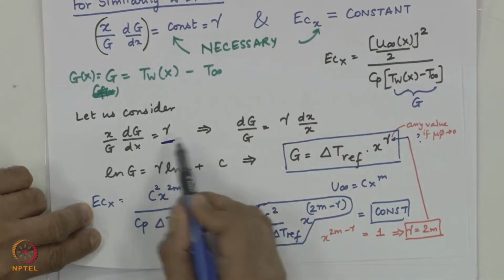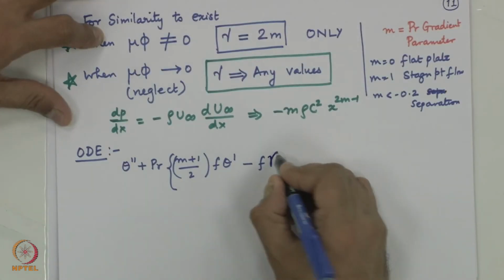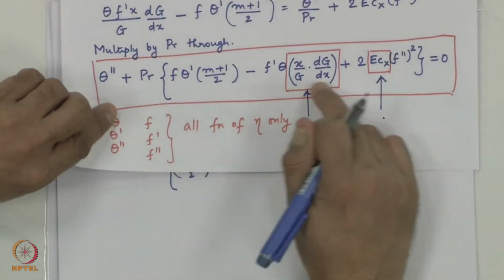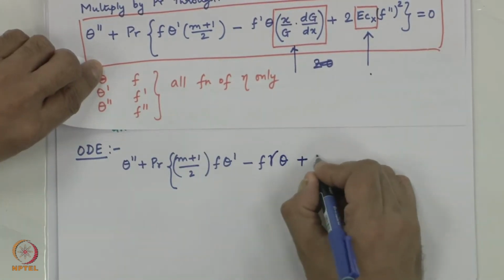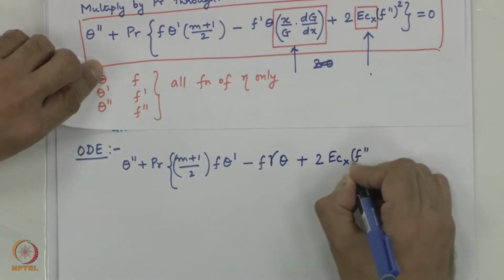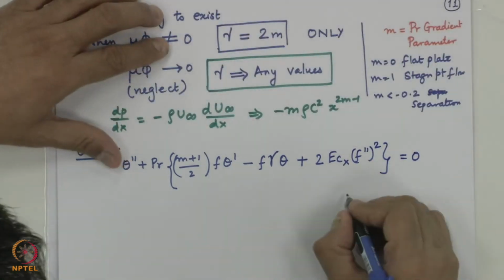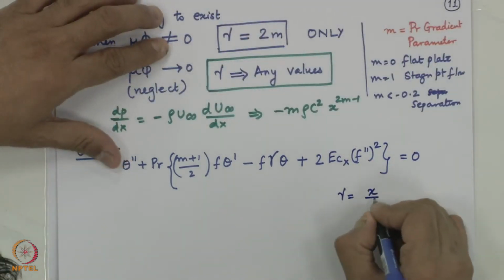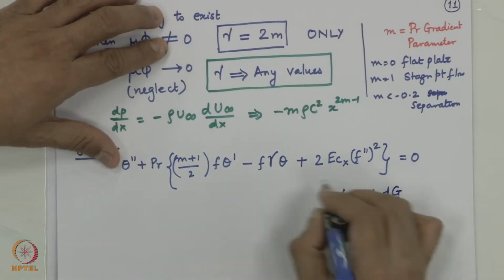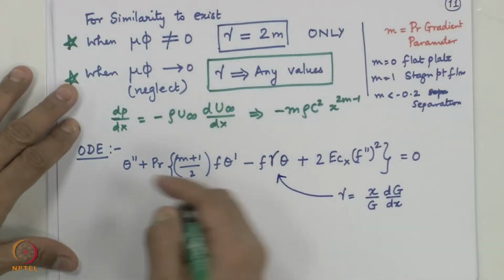So gamma into theta, plus 2 times the local Eckert number times (f double prime) whole squared, equal to 0, where gamma is equal to x by g dg by dx. This is my ODE.